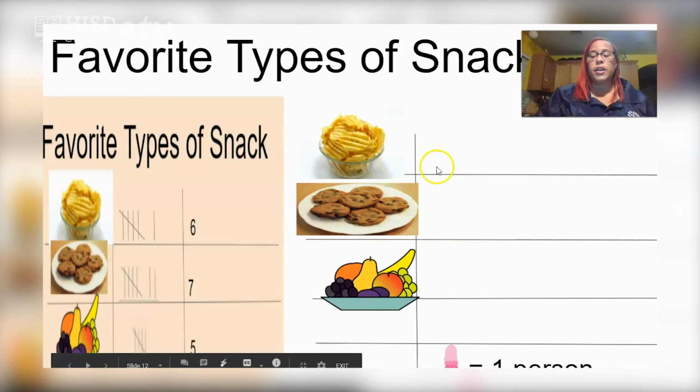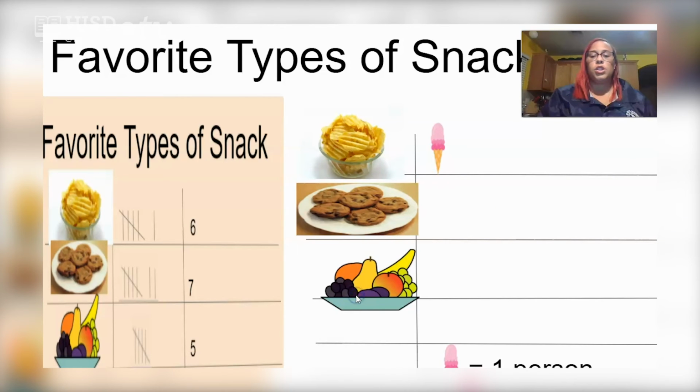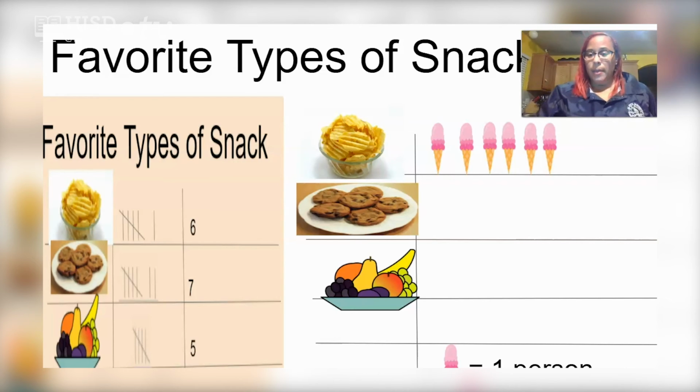For chips, I'm going to put 1, 2, 3, 4, 5, 6 ice cream cones, because 6 ice cream cones means 6 people voted for chips. Now I could have chosen to use a circle, a triangle, a square, or any other symbol.